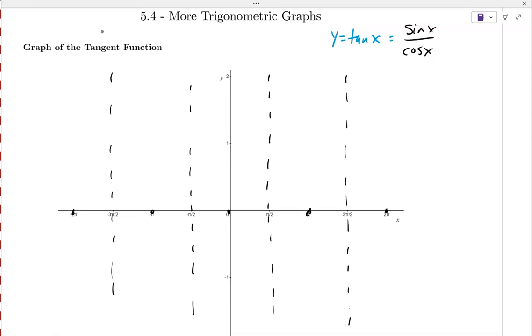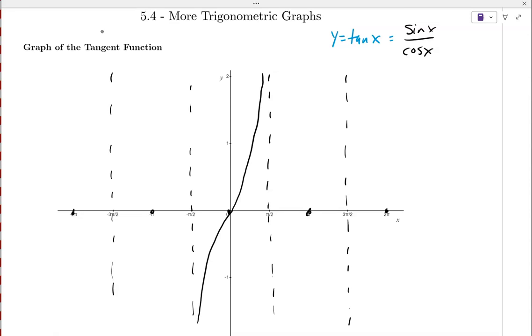Over here, what quadrant are we talking about between negative pi over 2 and 0? 4, right? Because you'd be rotating downward. In quadrant 4, is tangent positive or negative? Negative. So we have to be going that way, right? So just from that analysis, we should have a graph that goes like that.